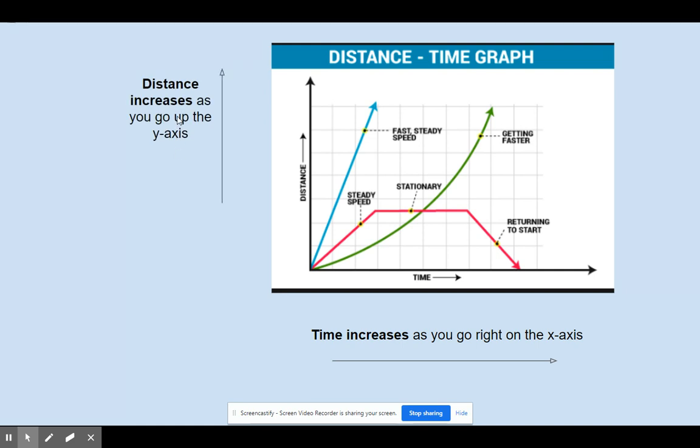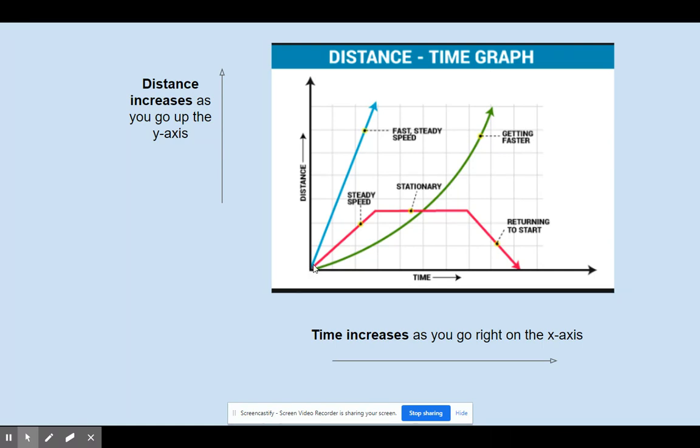So distance increases as you go up the y-axis. The further you go up, the farther you're getting away from something. The greater distance you're putting between you and wherever you started. So let's say that you walk to school. This is home.